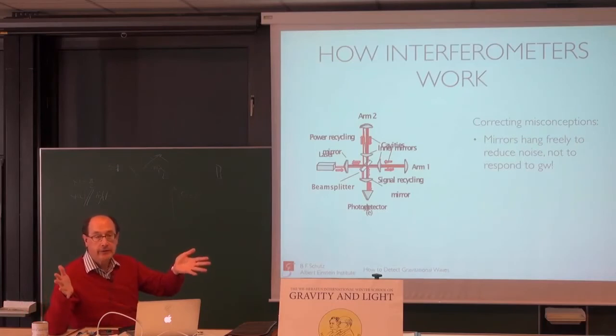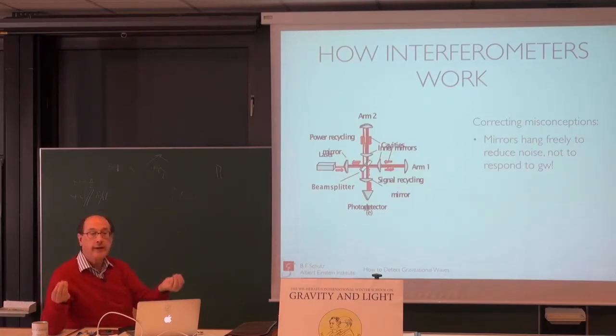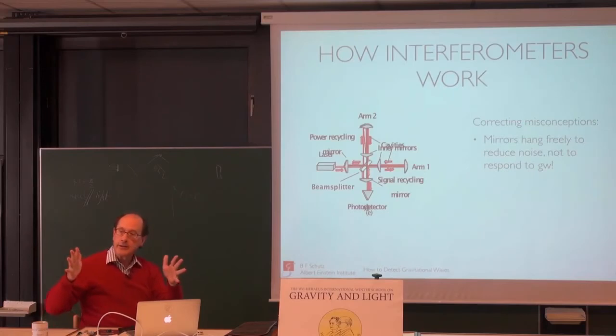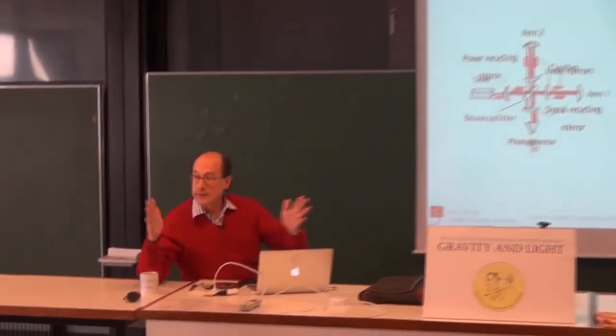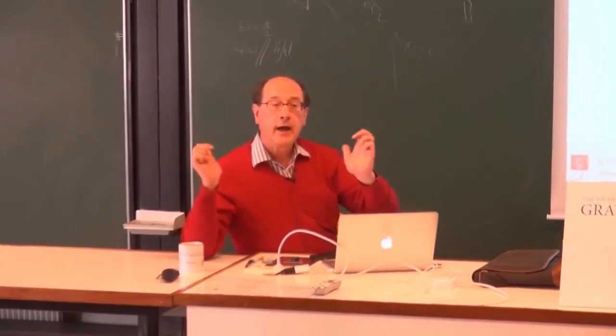That's actually not the reason we hang them. We hang them for the reason I talked about earlier, which is to isolate them from ground vibration. We use the mechanical filtering. The reason that they're free anyway, even if I nailed them down, those mirrors, if I had them on a rigid suspension attached to the ground, they would still move with the gravitational wave.